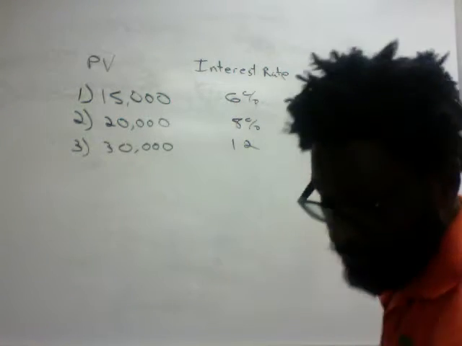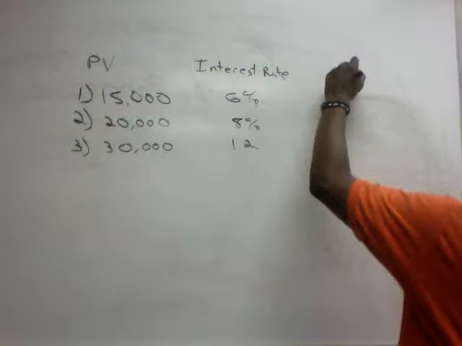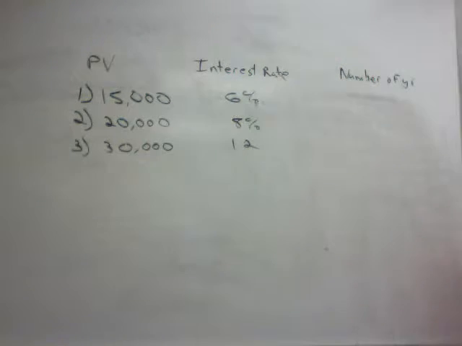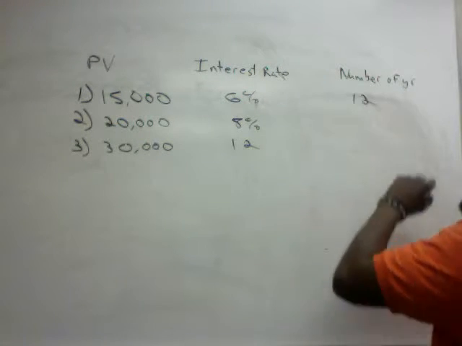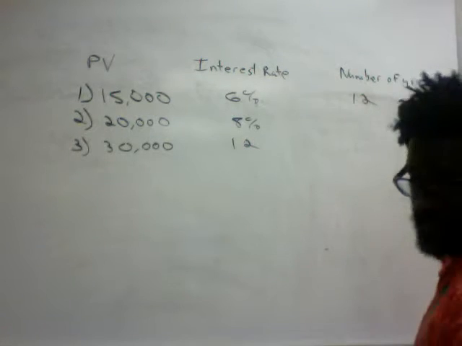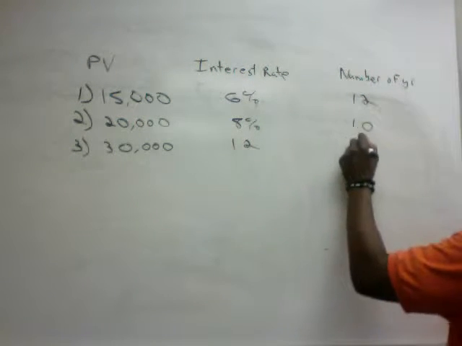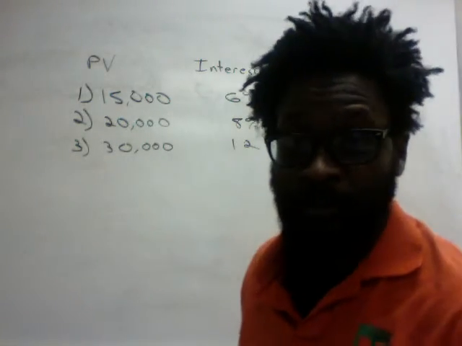So we're going to talk about the number of years. We're going to say 12 years, 10 years, and 20 years, right? And so the object of the game is to calculate the future value.